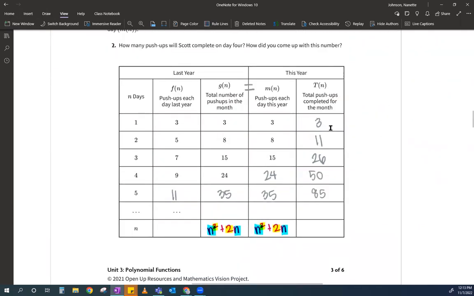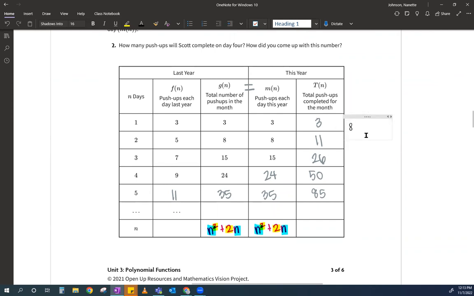Can you add 3? 3 plus what gives you 11? Yeah, it's 8, right? So this is plus 8 right here.